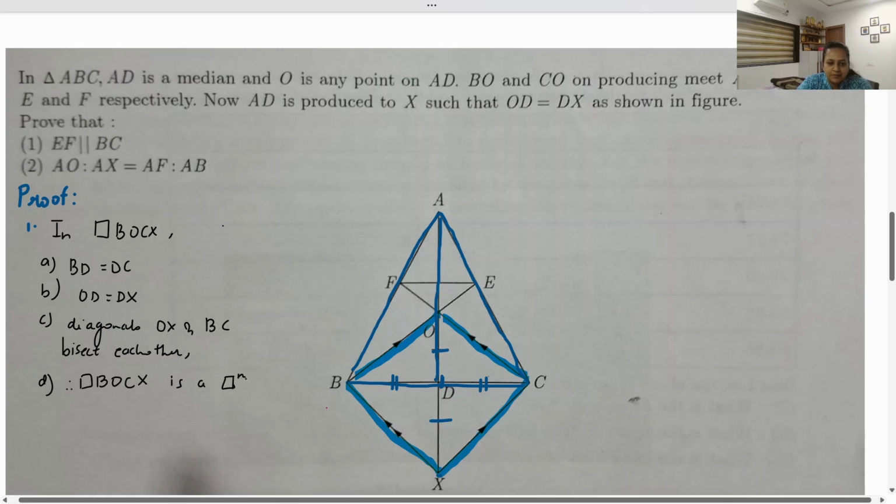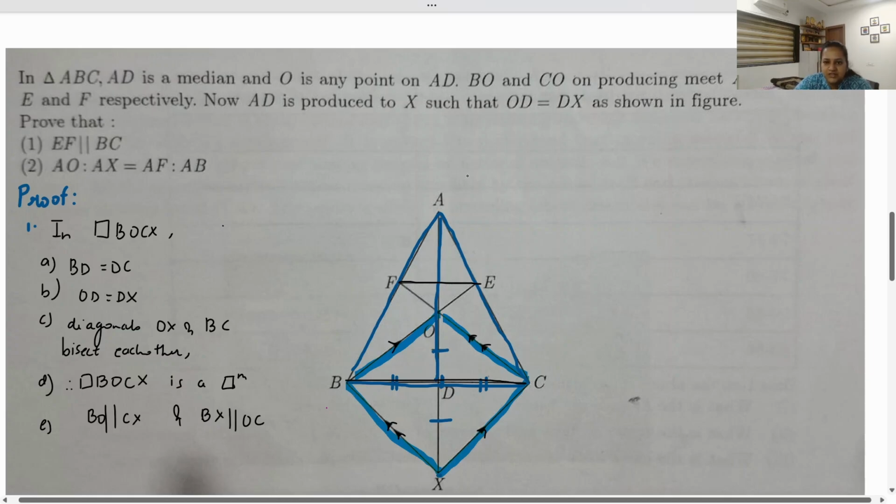It's a property of a parallelogram. Now, because it is a parallelogram, we can say that BO is parallel to CX and BX is parallel to OC. Using this information, we are going to try to prove that FE is parallel to BC.